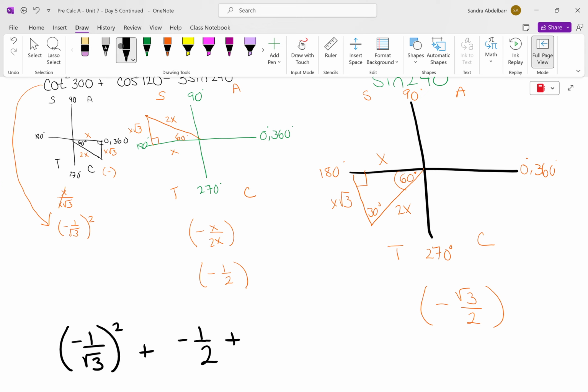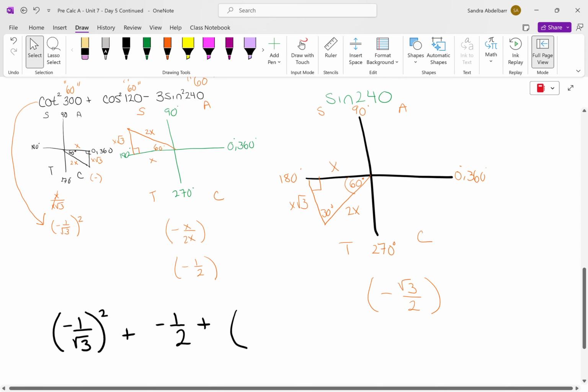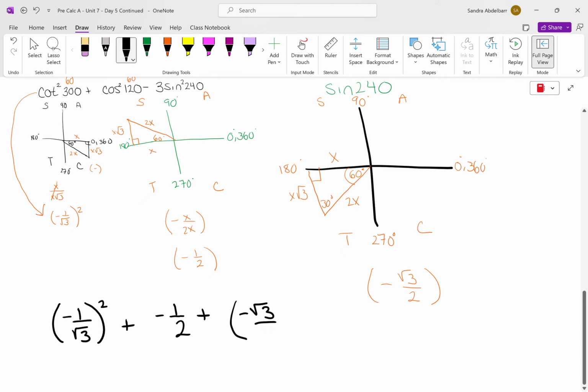So we're negative 1 over root 3 quantity squared plus negative a half plus negative root 3 over 2 quantity squared, but then we're still multiplying that by 3.